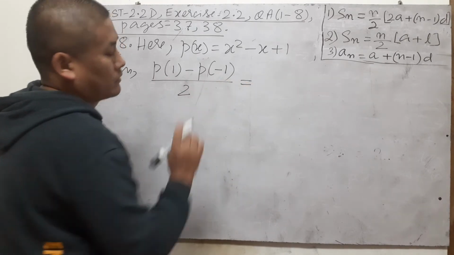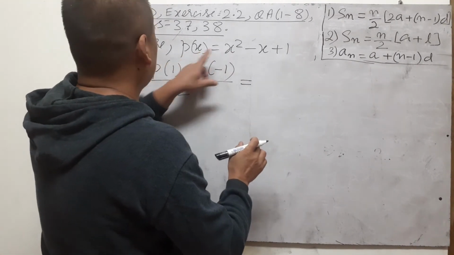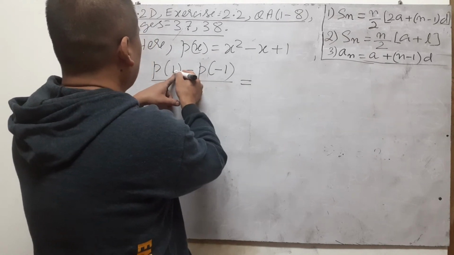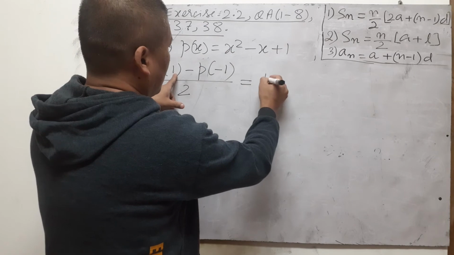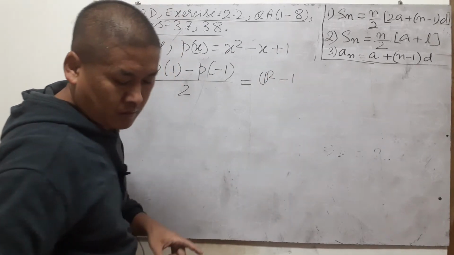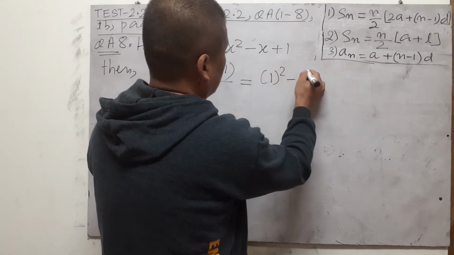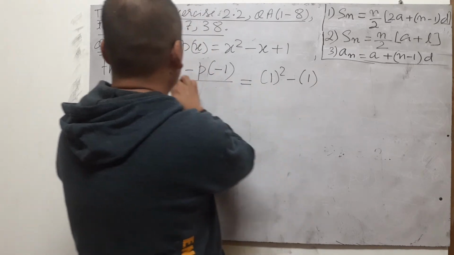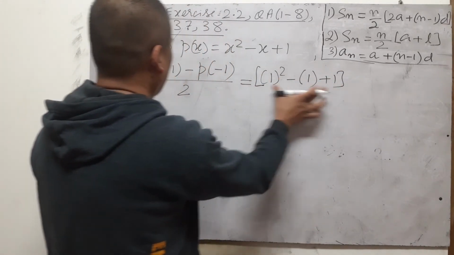So that will be equal to this value. p of x is this much, means p of 1 will be replacing x, so 1 square minus, bracket, x is 1 here, plus 1. This is representing p of 1.